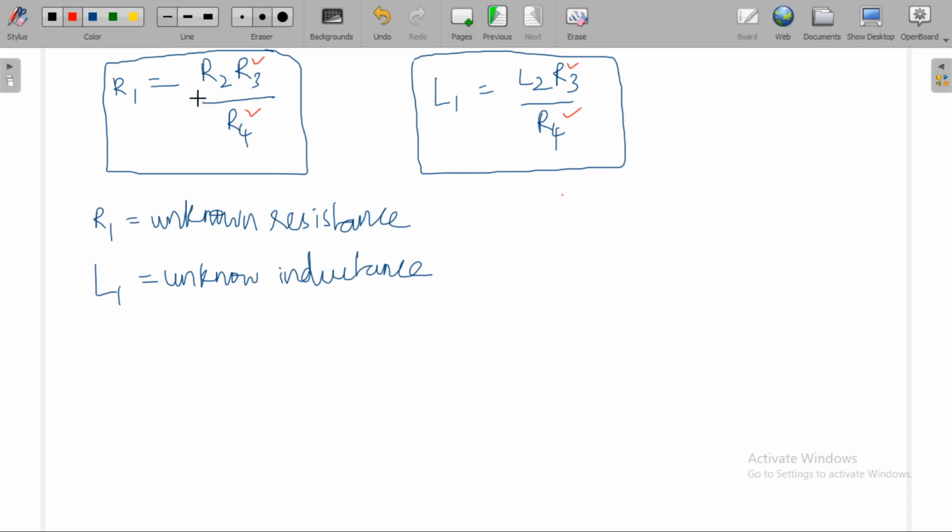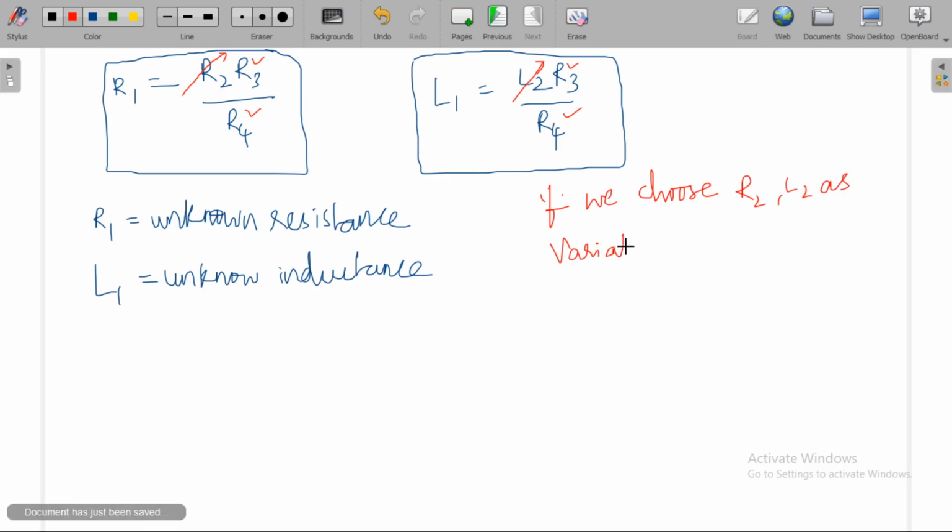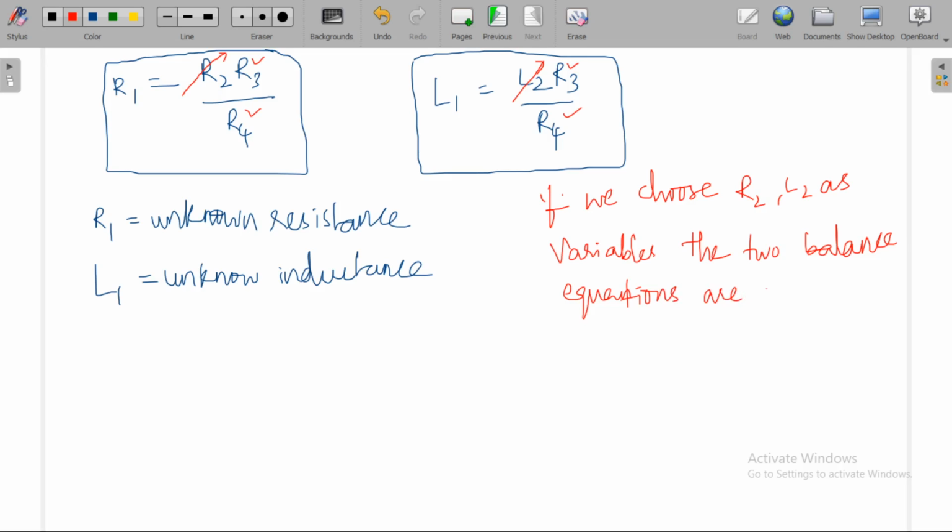So you vary R2 and L2. If we choose R2 and L2 as variables, the two balance equations are independent of each other. To make the two balance equations independent of each other, you choose R2 and L2 as variables.